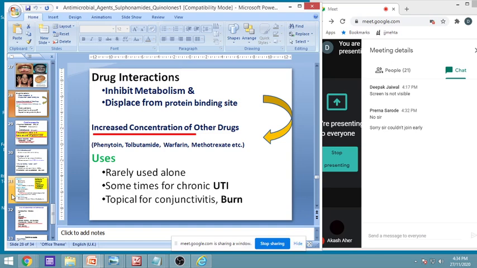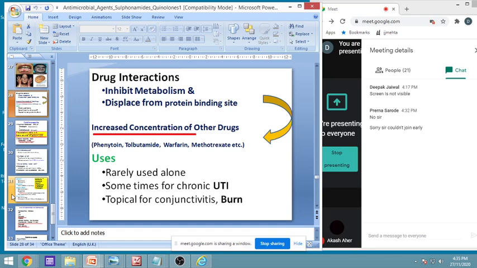It causes an increase in the concentration of other drugs like phenytoin, tolbutamide, warfarin, methotrexate, etc. Whenever you study drug interaction in more detail, this type of drug will always be there, and particularly they are very common, either enzyme induction, enzyme metabolism, and second thing is protein binding displacement. So these are very popular drug interactions, and therefore they have to be taken care of, or should be considered.